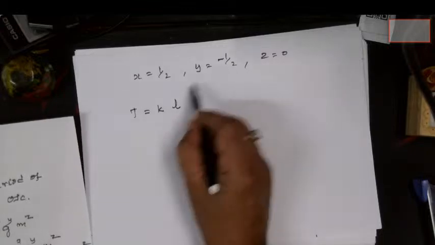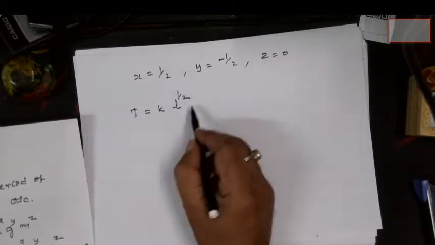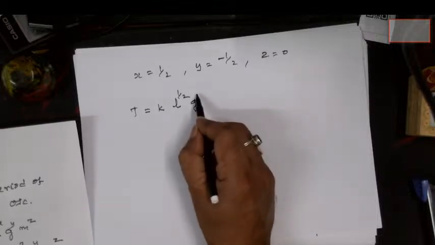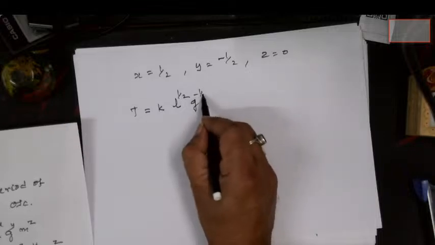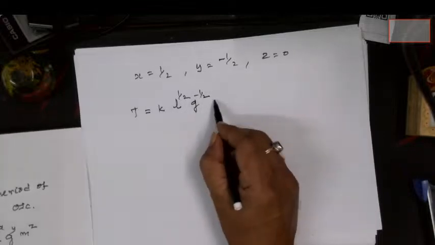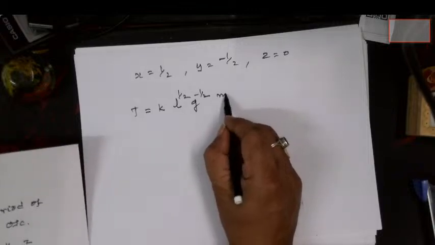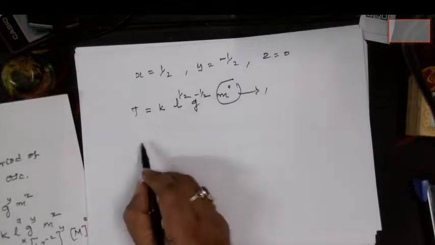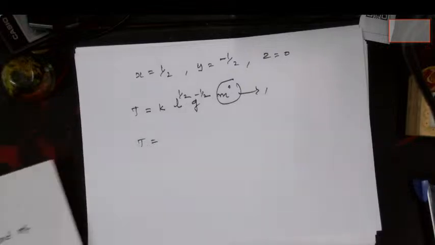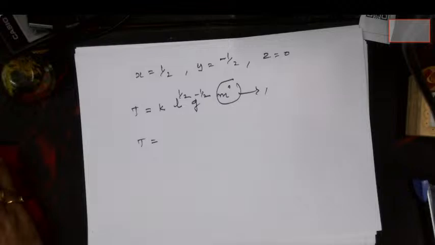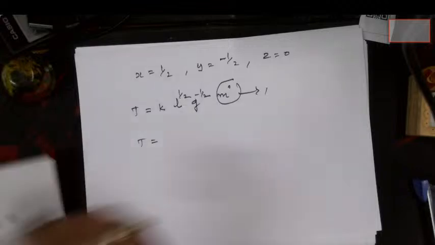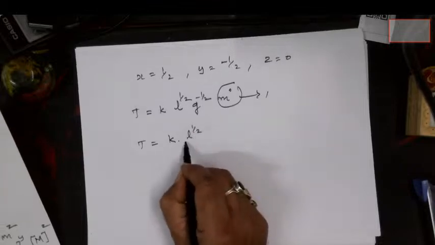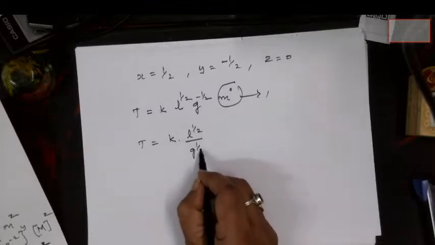Now let me put T is equal to K into L power x. x means 1 by 2, correct? And what about g? g power minus 1 by 2. And what about the mass? M power 0. M power 0 is equal to 1, so let us ignore this. So from this it is clear that T is equal to K into L power 1 by 2 divided by g power 1 by 2.